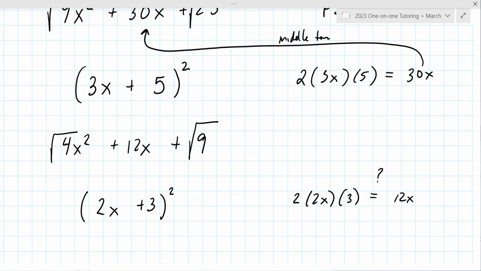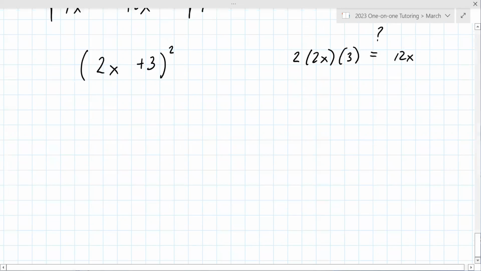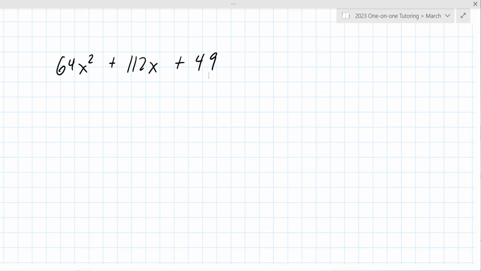Let's try another one here. 64x squared plus 112x plus 49. You want to try this one on your own? Yeah, I'm not sure what the square root of 64 is.